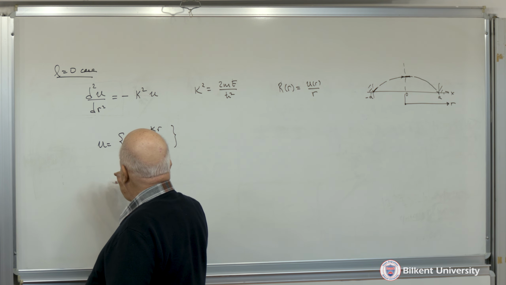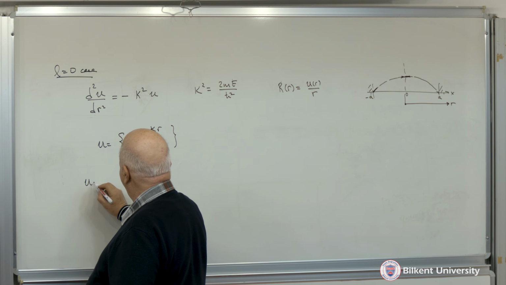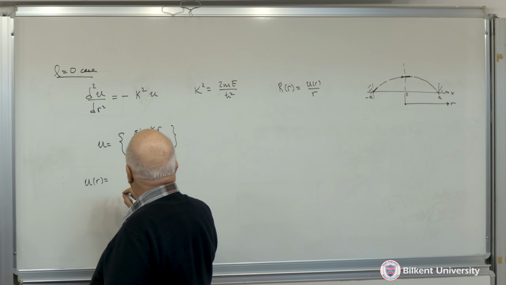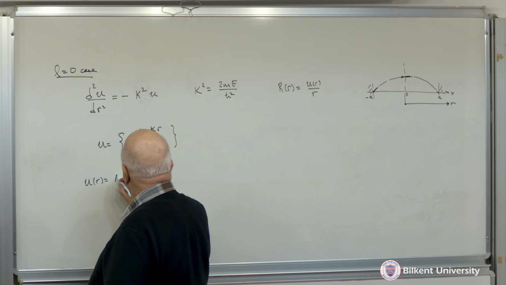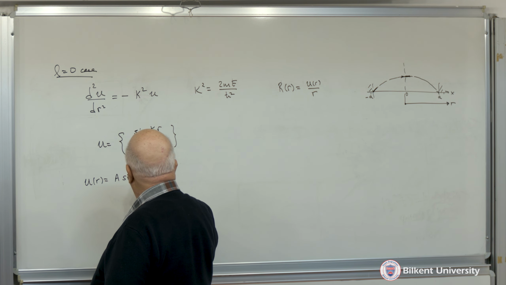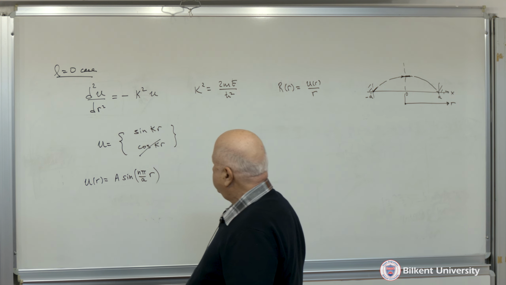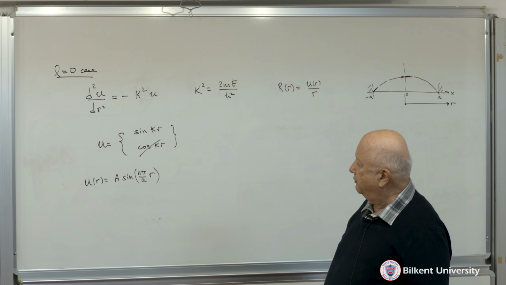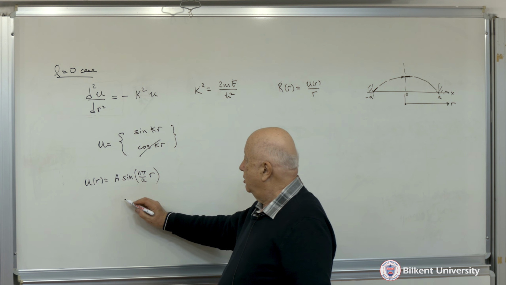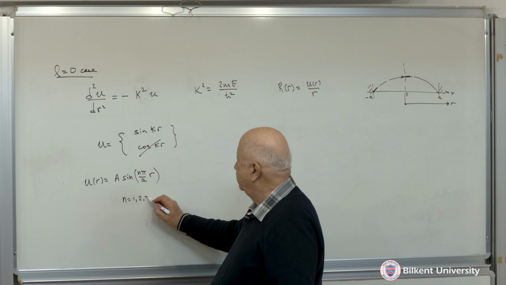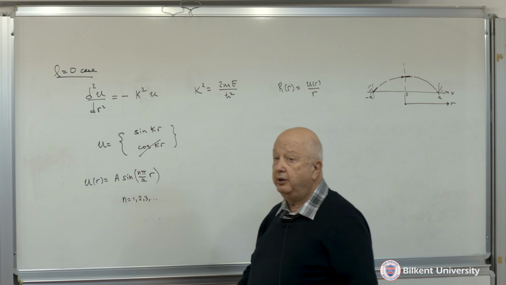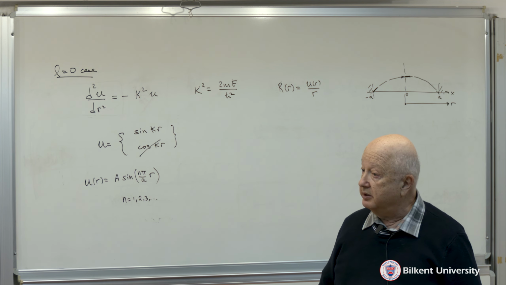That means u of r is going to be equal to some normalization times sine of n pi over a r, right? That will guarantee that for n equal to 1, 2, 3, etc., the boundary condition at r equal to a is satisfied.